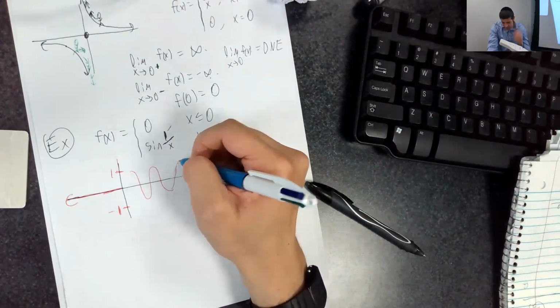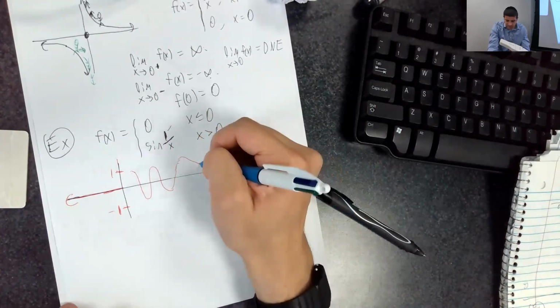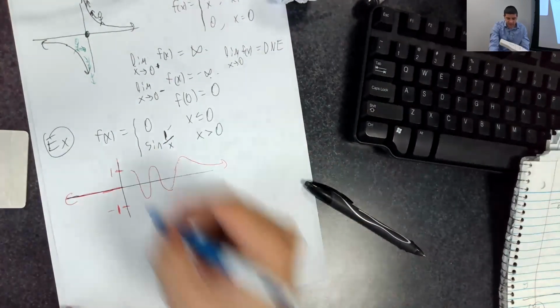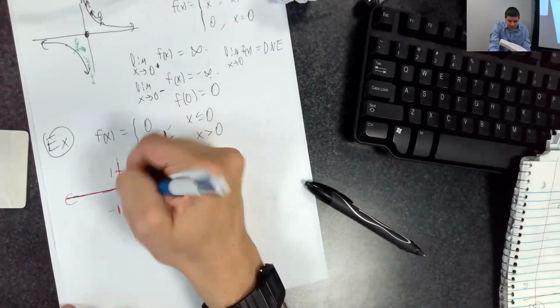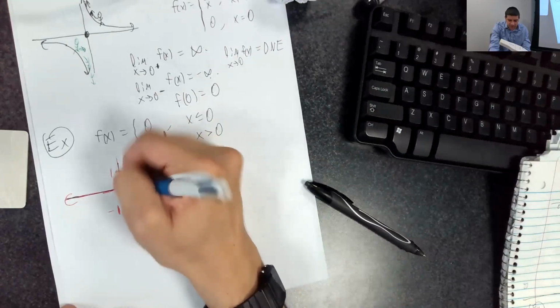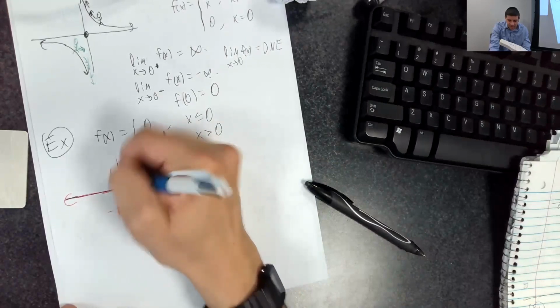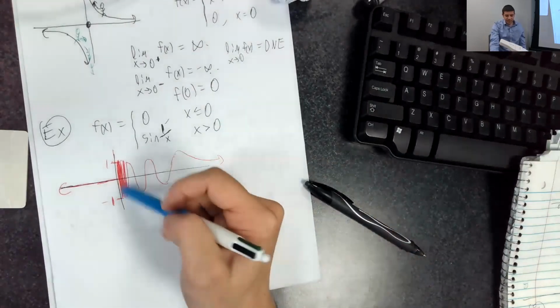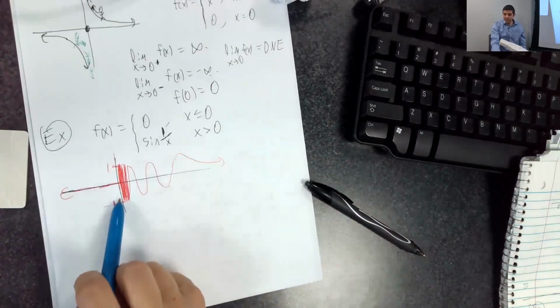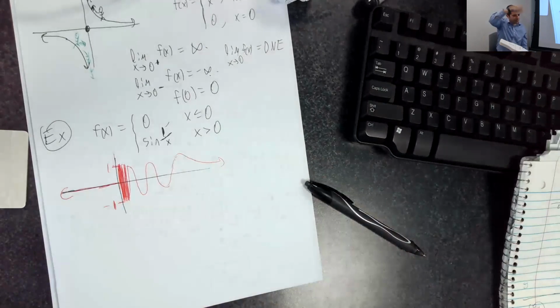Sine of really large numbers, sine of 0, so just 0, something like this. But over here, it oscillates like crazy.